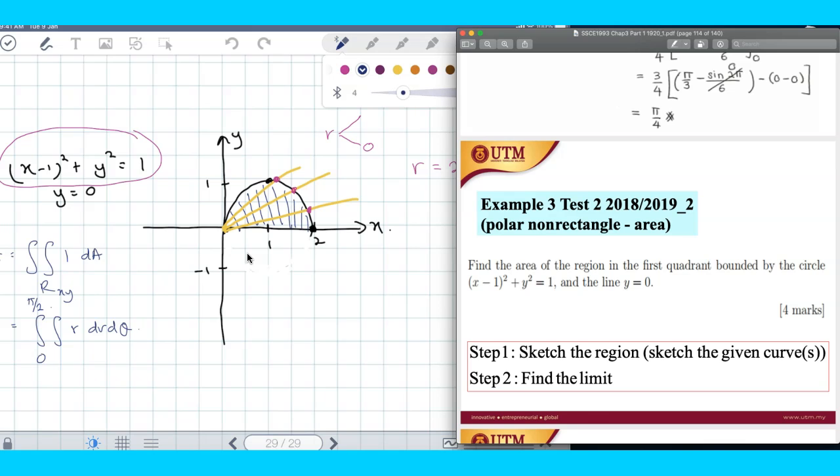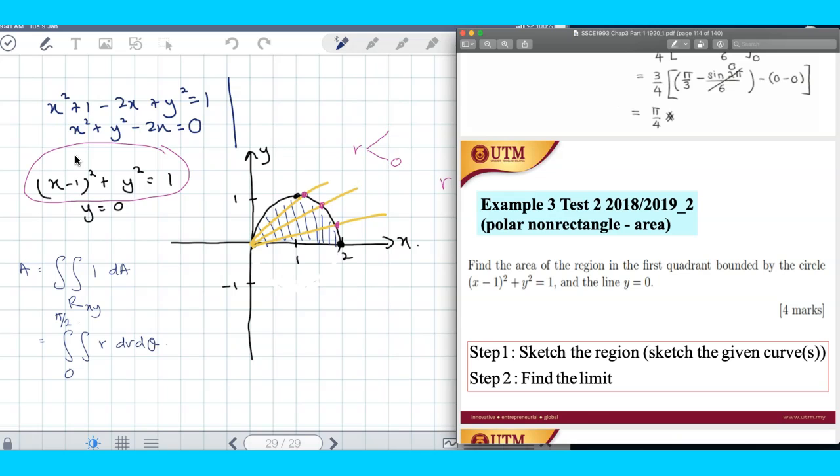From here you have x squared plus 1 minus 2x plus y squared equal to 1. Then you have x squared plus y squared minus 2x equal to 0. From here you can convert into polar, where we know that x squared plus y squared is r squared. So r squared minus 2r cos theta equal to 0.